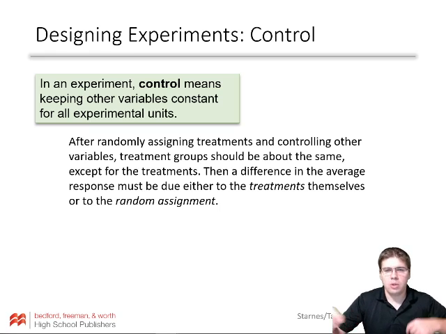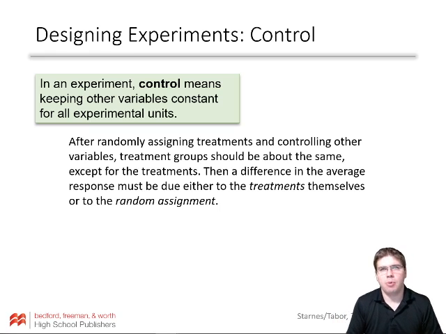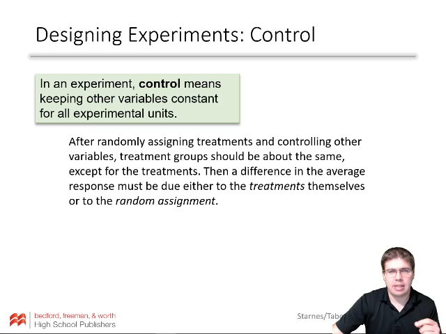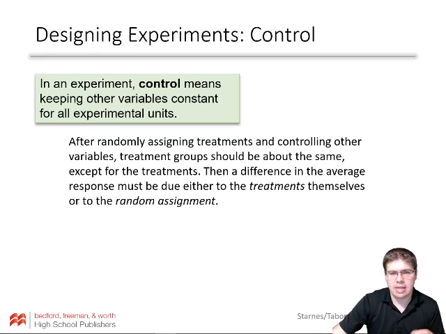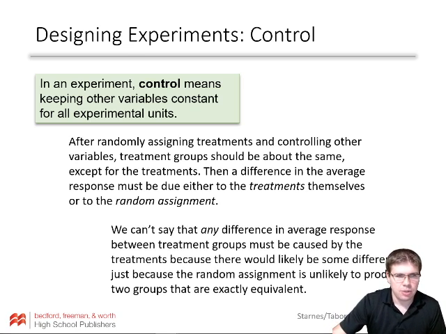So ultimately, we want to get to the point where we see a big enough difference that we say it's not chance, right? That it's too big of a difference that it's unlikely due to chance, and we call that concept statistically significant. So we can't necessarily say that any difference in the average response between the treatment groups must be caused by the treatments, because there would likely be some difference just due to random assignment.